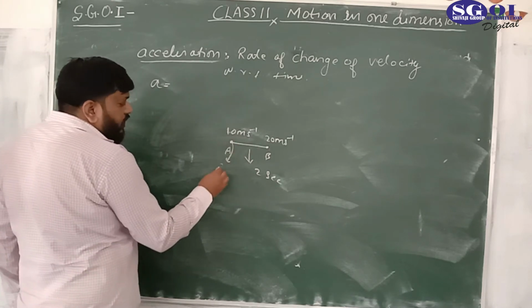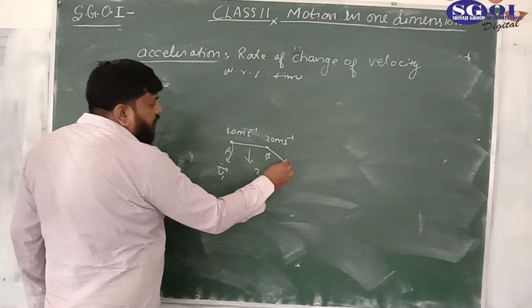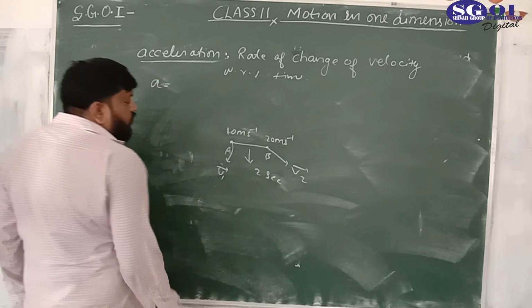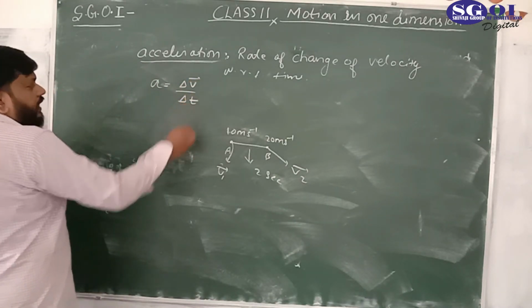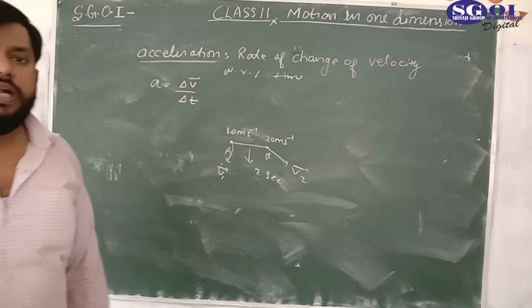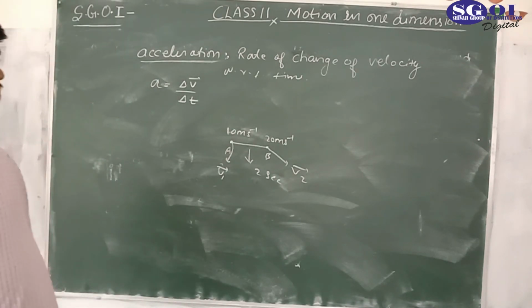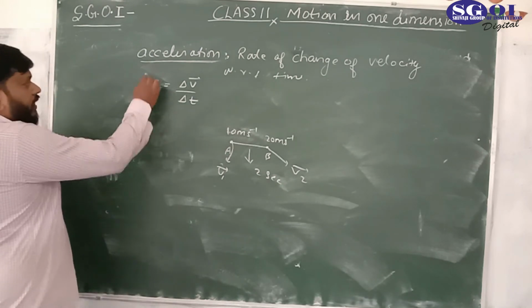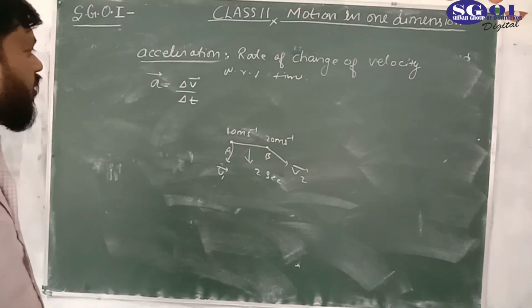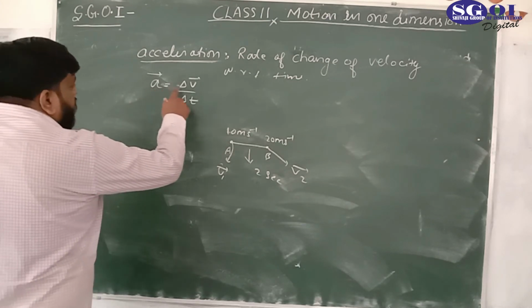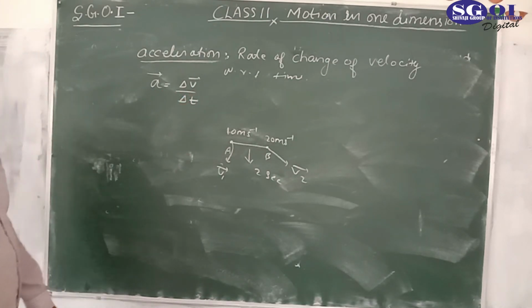Suppose here the velocity is v1 vector, here the velocity is v2 vector. So what is the change in velocity? Delta v. So acceleration is delta v vector upon delta t.